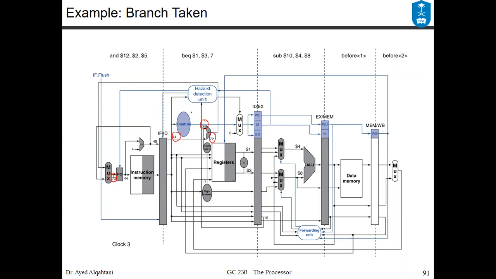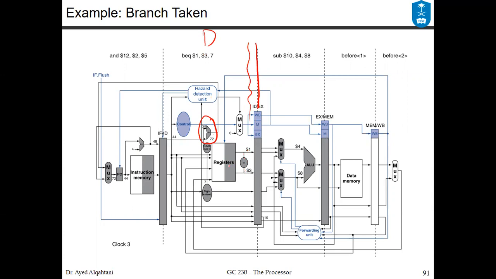But notice that you know all of these values once you're done with the ID stage, because you calculate the target address within the decode stage. And you also compare the registers.